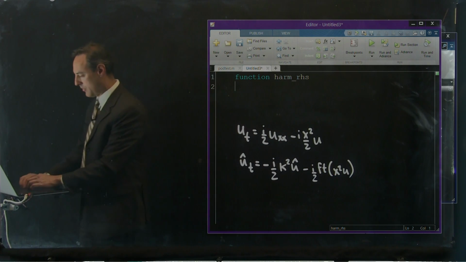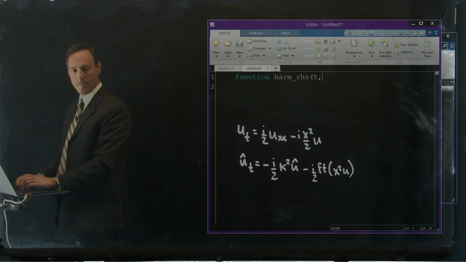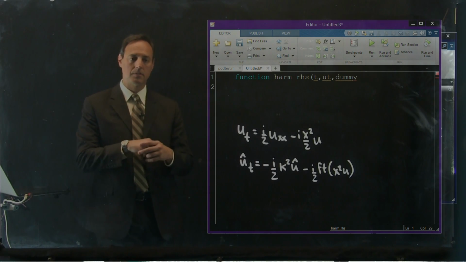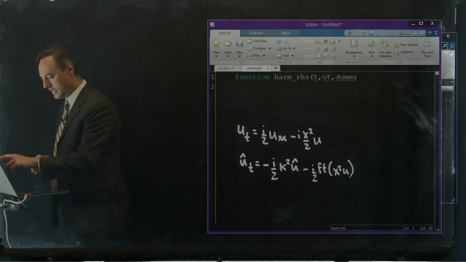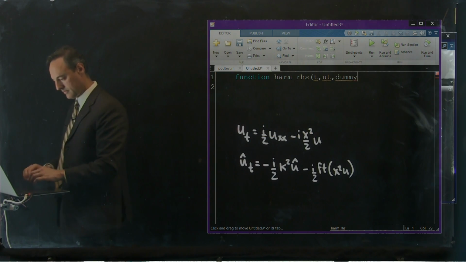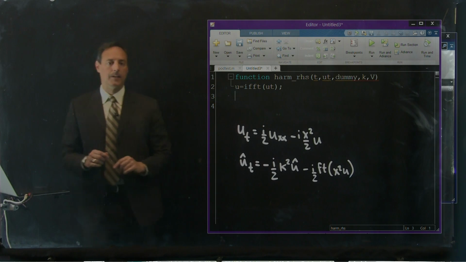So what comes into this is the time, as well as the initial conditions ut, as well as typically that third slot is for the tolerance settings, so I just call that a dummy setting. And what else did I send in? K and V. So I throw in K and V. So u is just simply the inverse Fourier transform of ut. So that's the first step.